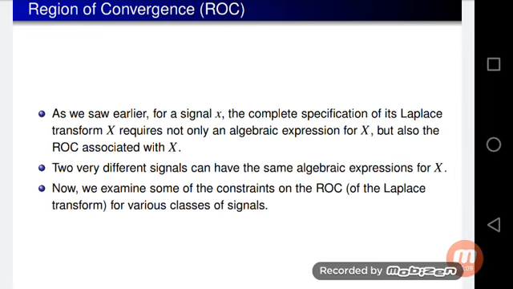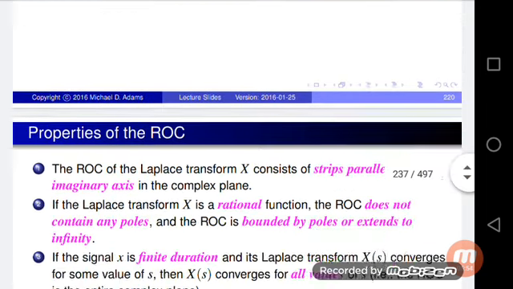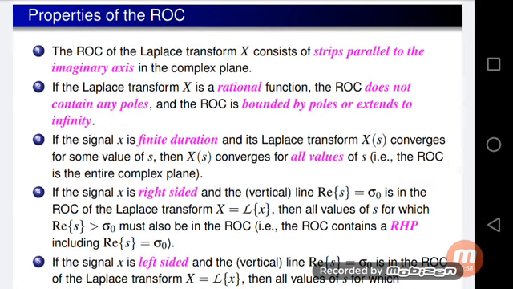As we saw earlier, for a signal x, the complete specification of its Laplace transform X requires not only an algebraic expression for X, but also the ROC associated with X. Two very different signals can have the same algebraic expression for X. Now we examine some of the constraints on the ROC of the Laplace transform for various classifications of signals.